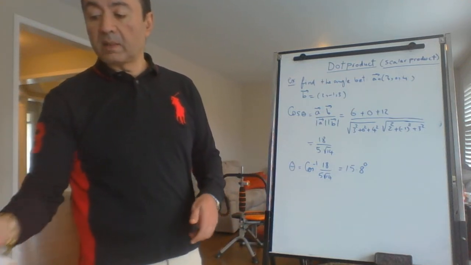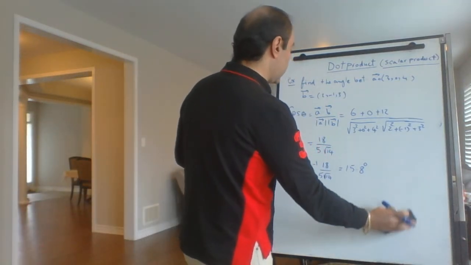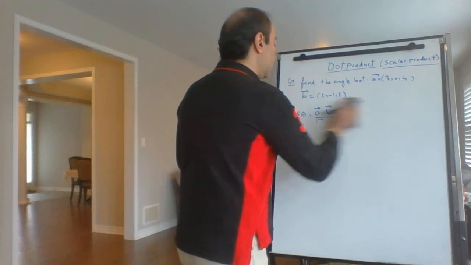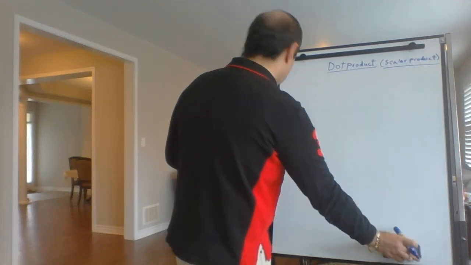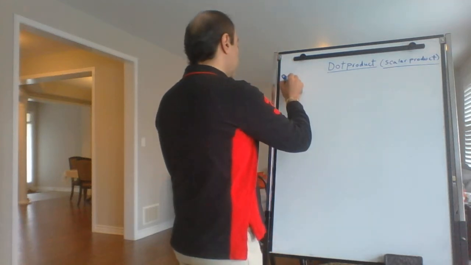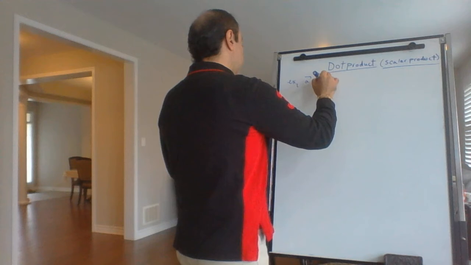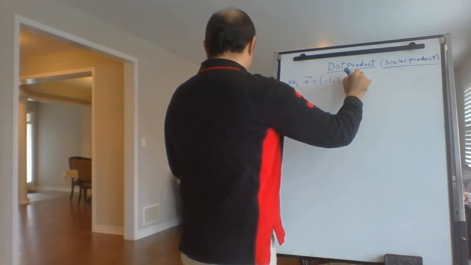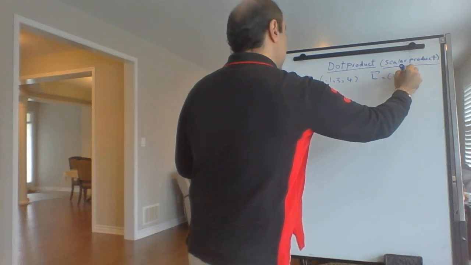Okay, example 2, and this is very important, and it's one of the kind of test questions. Example 2: vector A equals negative 1, 3, and 4, and vector B is 3, K, and negative 2.